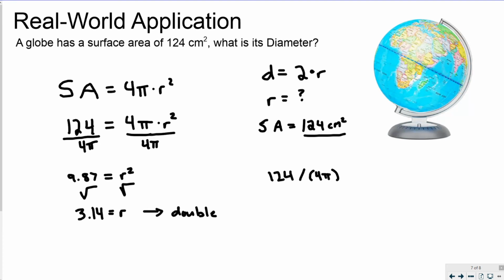So the diameter is equal to 6.28 centimeters. And we would use centimeters because we use centimeters squared. And since we took the square root of it, it takes the square off of the centimeters. So the diameter of our globe was 6.28 centimeters.